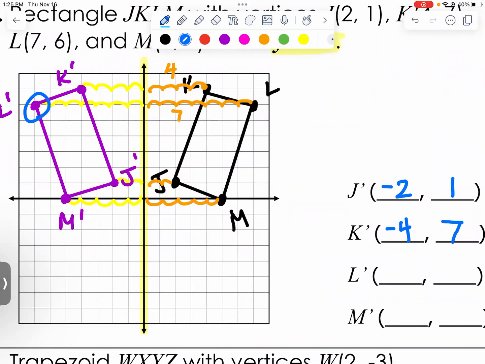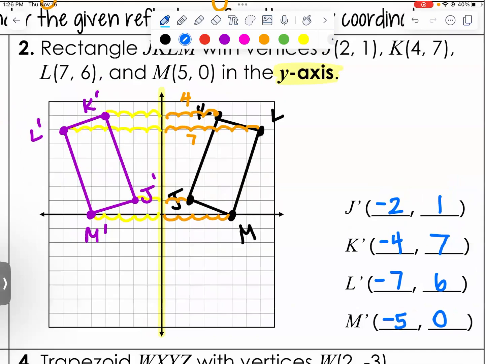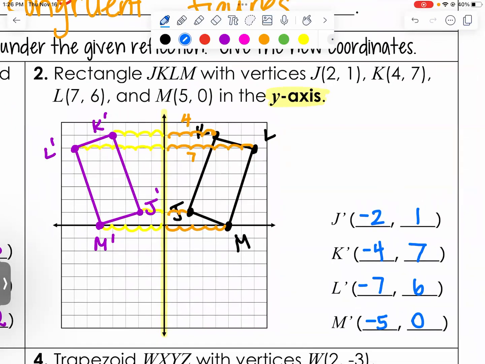Okay, I really love, Emma, that you're so excited, but I need other people to be involved too. -5. That would be M. That's M. So somebody needs to give Emma -7, 6.